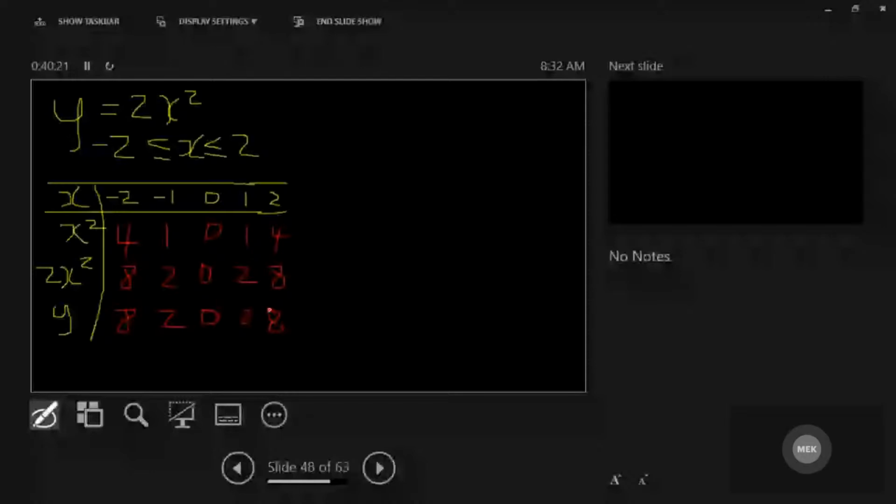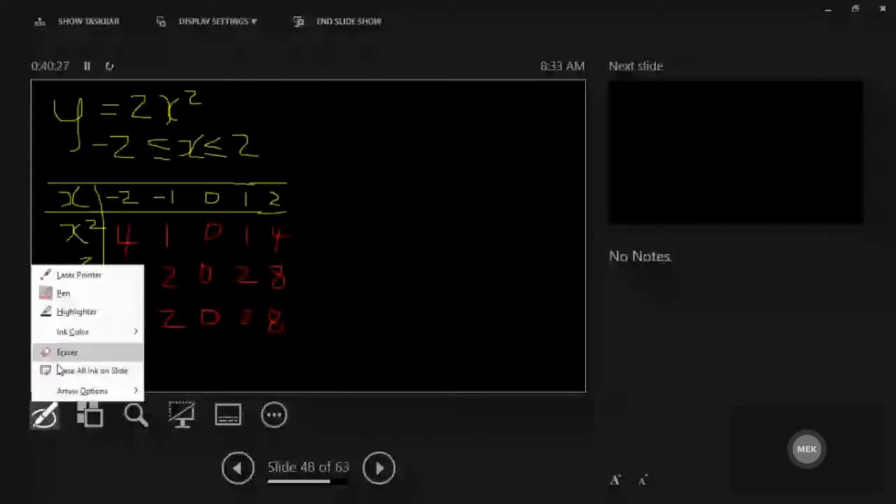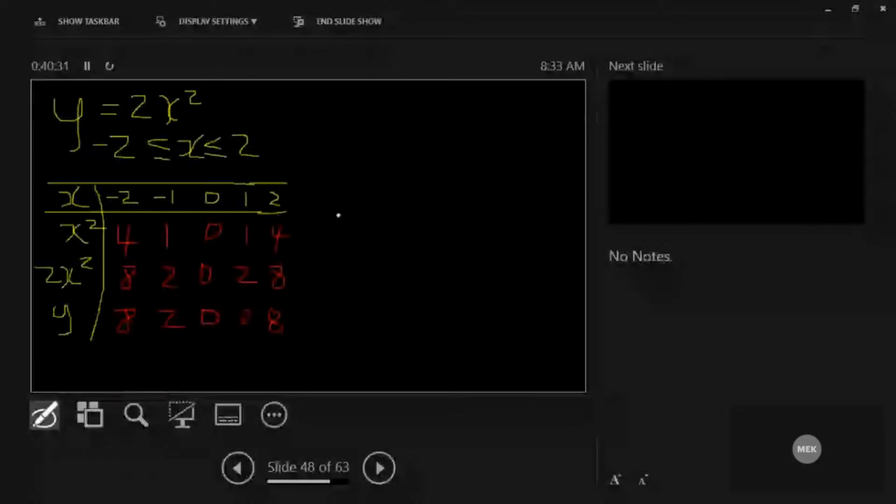So now we're going to plot this on the coordinate plane. So we're going to have our y-axis, and since all the values are positive, I'm going to draw my x-axis further down here.